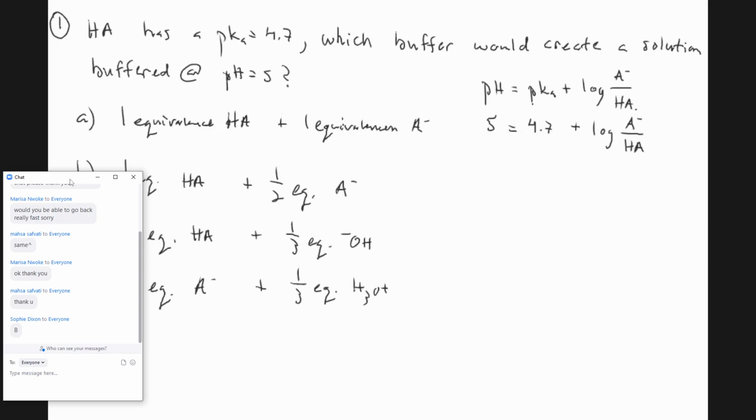So we do the math. We see that 0.3 is equal to log of conjugate base over acid. But we know what log of what equals 0.3.